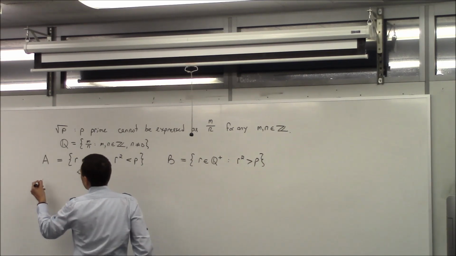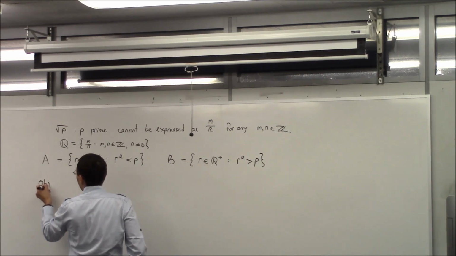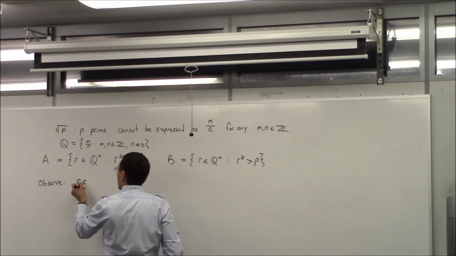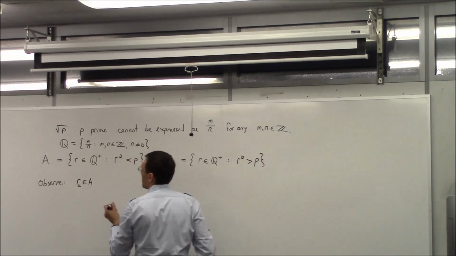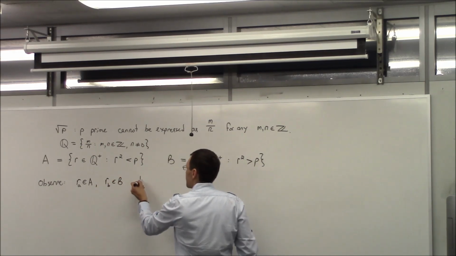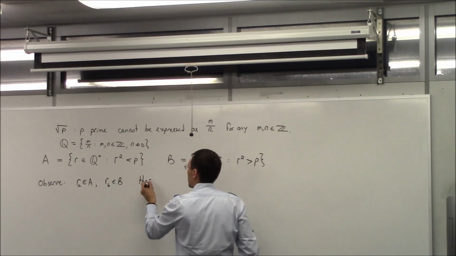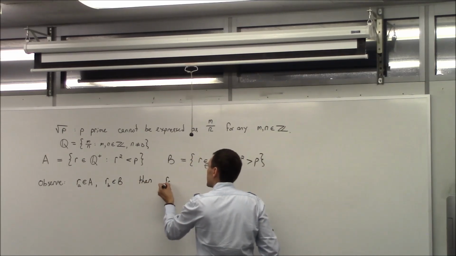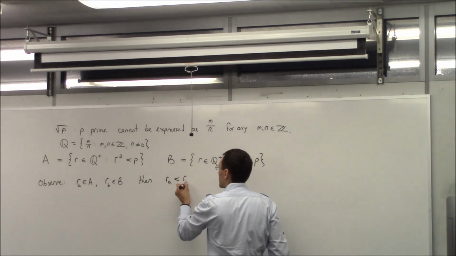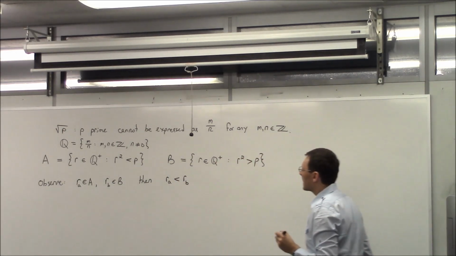So observe the following. If I take any r belonging to A, let's call it r sub A, and I take any r sub B belonging to B, then r sub A will be necessarily smaller than r sub B. Okay?